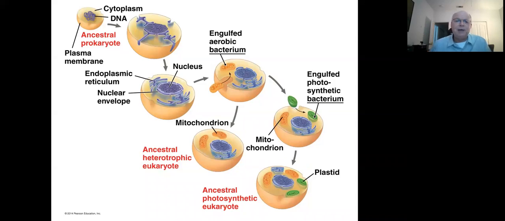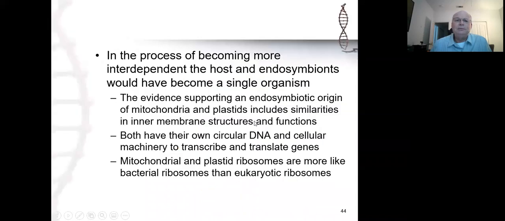So that still remains to be solved, but at least we can now propose a basic origin for eukaryotic cells. So that's the next major step in the history of life, and that's another high point that you need to be familiar with.